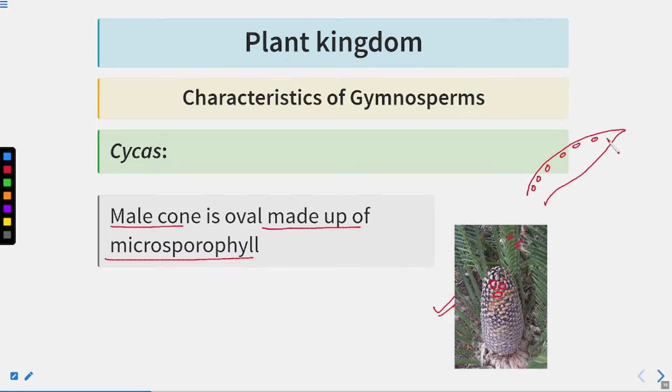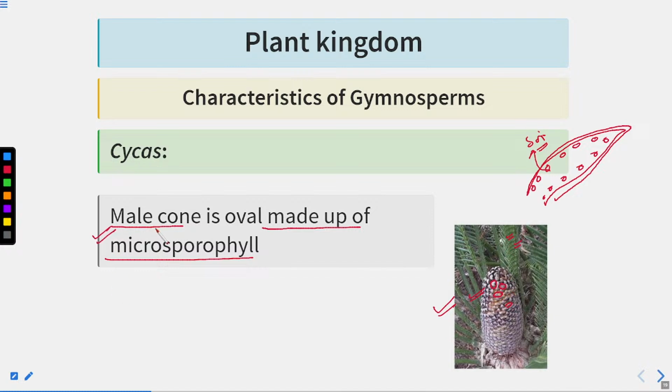We have seen in the case of fern, at the ventral surface of the leaf the sori are present, and in the sori sporangia are present, and inside the sporangia spores are present. Right? So this is the arrangement. But here, all these sporophylls are joined compactly and form a cone-like structure. Actually, this is a sporophyll, but these sporophylls come together compactly and form a cone-like structure.